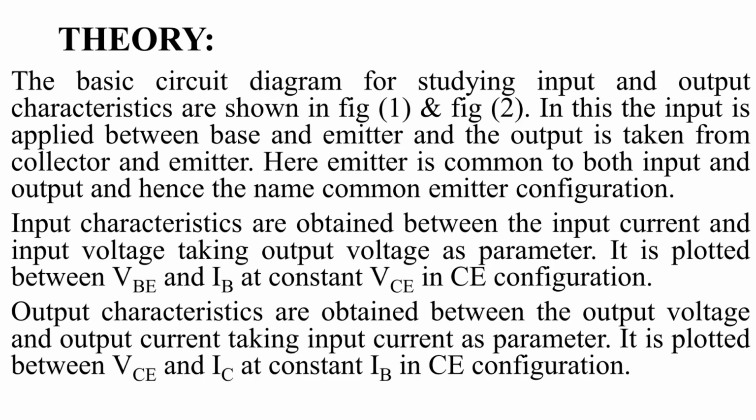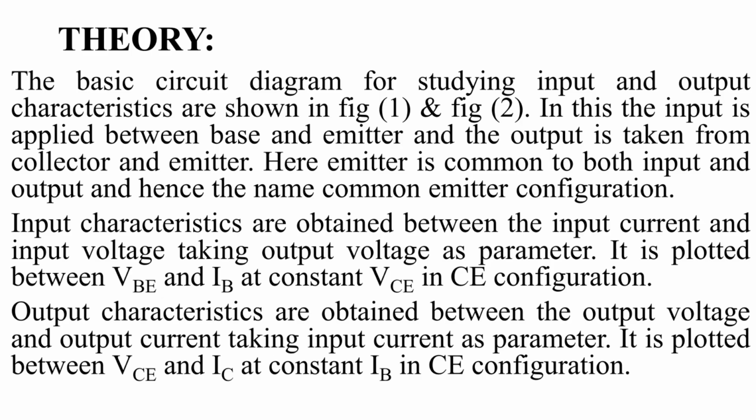Theory. The basic circuit diagrams for studying input and output characteristics are shown in figures 1 and 2. The input is applied between base and emitter, and the output is taken from collector and emitter. Here the emitter is common to both input and output, hence the name common emitter configuration. Input characteristics are obtained between the input current and input voltage, taking output voltage as a parameter.